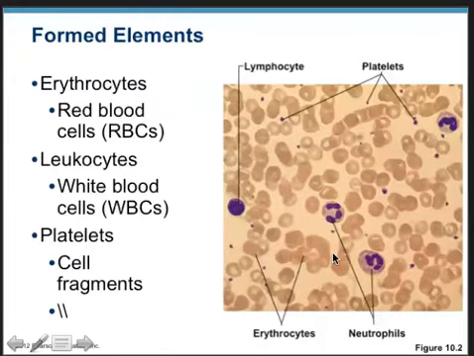So if we look at the formed elements, you can see an example of a blood smear here. The erythrocytes, which are the red blood cells, are the oxygen and carbon dioxide carriers, and you can see them here. They look like pale brown biconcave discs, and the reason for their shape is to help make it easier for gases to move in and out of these cells.